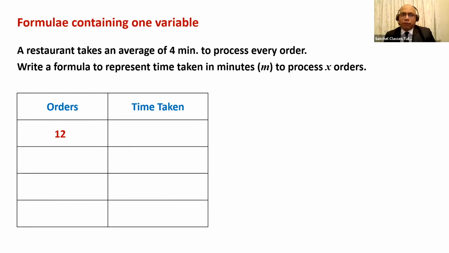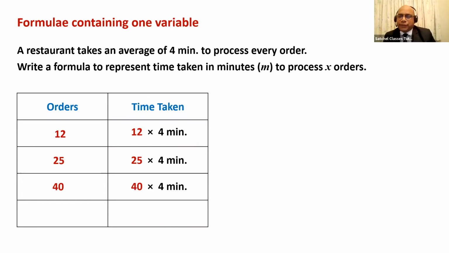What if there were 12 orders? So each order takes 4 minutes on an average. So if there were 12 orders, it would take 12 times 4, correct? Which is 48 minutes. If there were 25 orders, it would take them 25 times 4, which is 100 minutes. 40 orders would take 40 times 4.